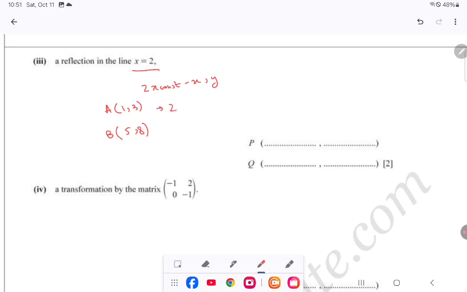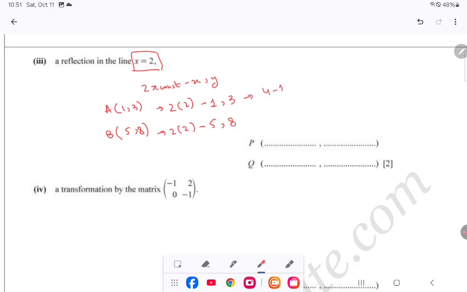It will become 2 times the constant, which is 2 here, minus x, which is 1, comma 3. Here 2 times the constant, minus x, and y. Solve it further.